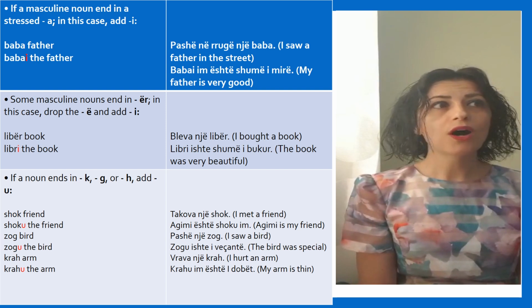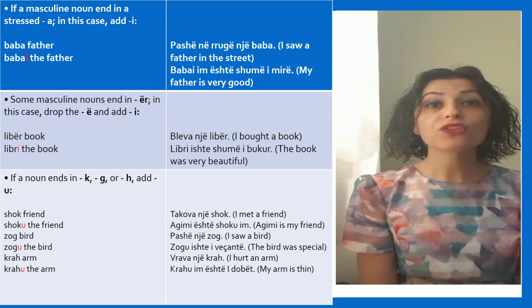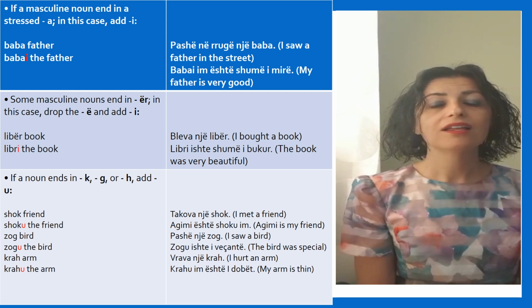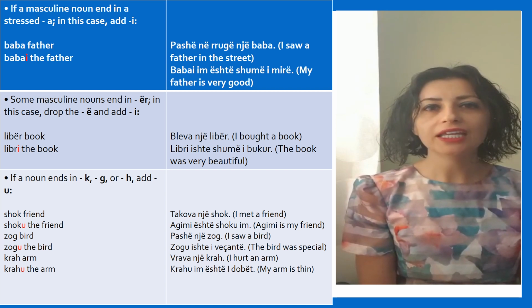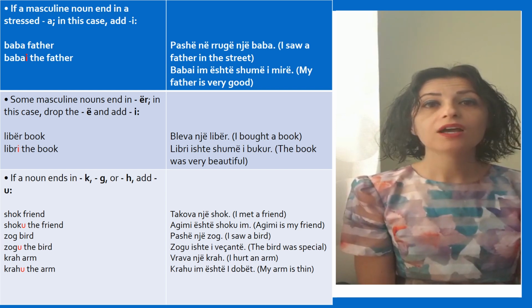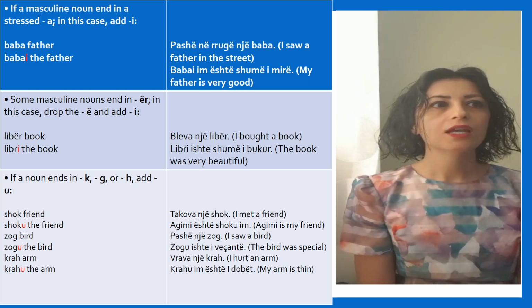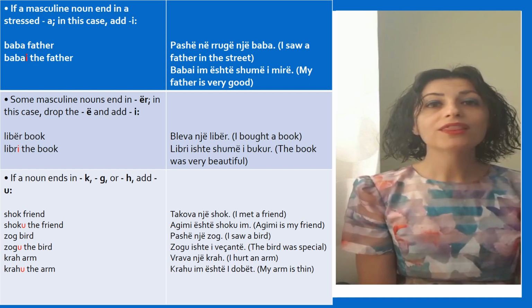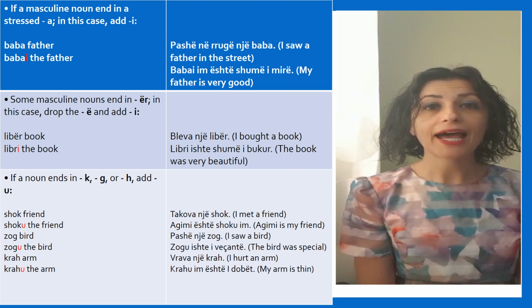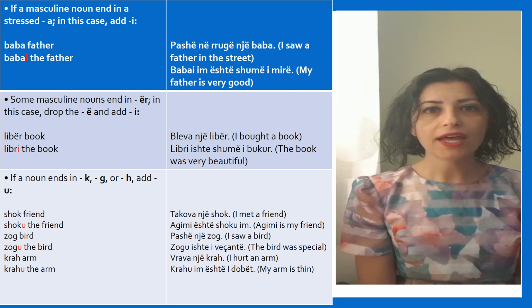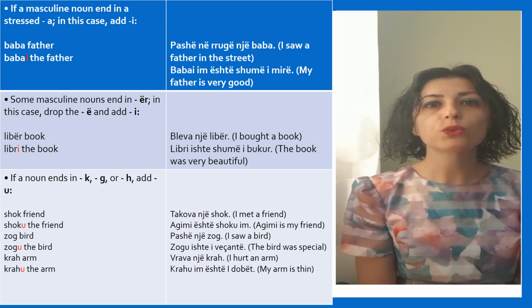The third rule was if a masculine noun ends with a stressed a, then you will add an i to make the definite form. Një baba will become babai. Father will become the father, babai. Some masculine nouns, when they end in er, like libër, then the e will be dropped and we have to add i.